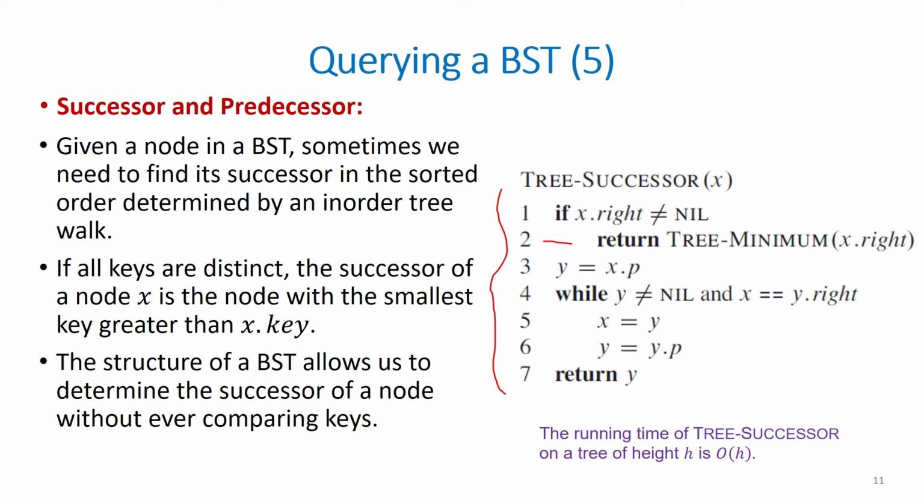As for case 2, if the right subtree of node X is empty and X has a successor, say node Y, then Y is the lowest ancestor of X whose left child is also an ancestor of X. The running time of the tree successor procedure on a tree of height h is therefore O of h.